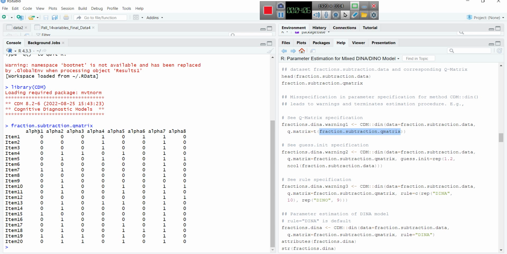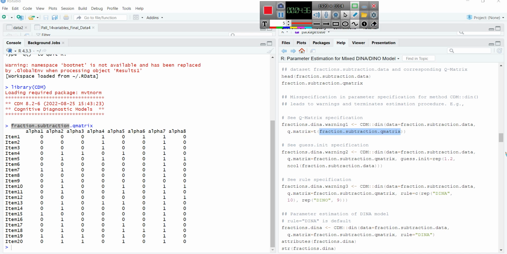The alphas here, alpha 1 to 8, represent the skills of the students required for answering test items correctly. For example, this is a 20 item test that is about fraction subtraction. Fraction subtraction tests are about subtracting fractions in a math test.